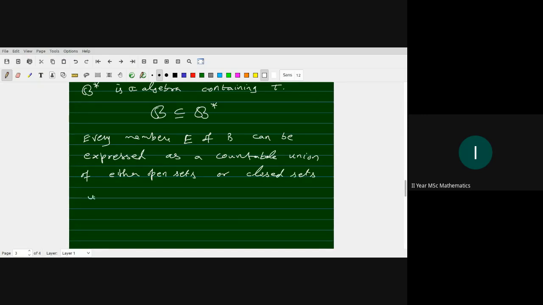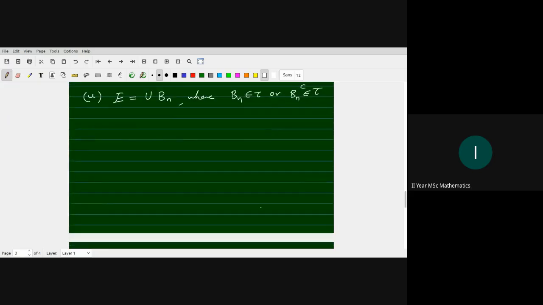That is, E equals the union of Bn, where Bn belongs to tau, meaning Bn are open, or Bn complement is open, meaning Bn is closed.